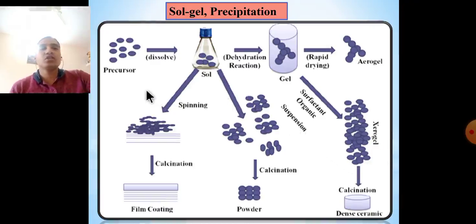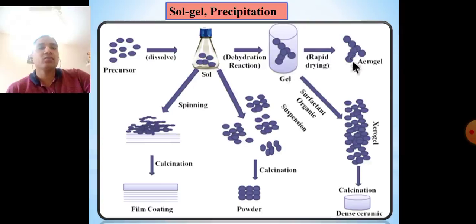Schematic representation: metal precursor is dissolved in alcoholic solution, then forms a sol, then dehydration, reduction, then forms a gel. The water is removed, then it forms a gel.